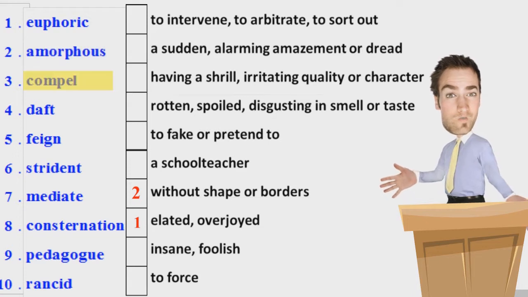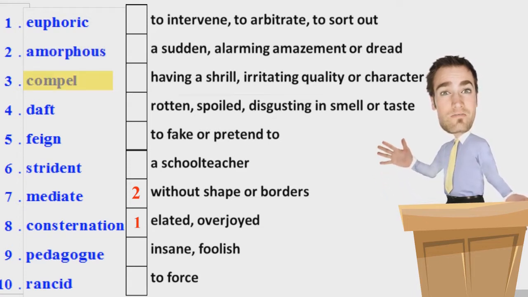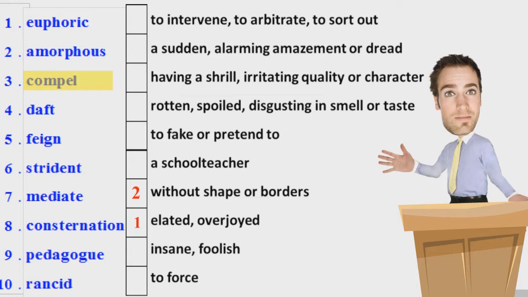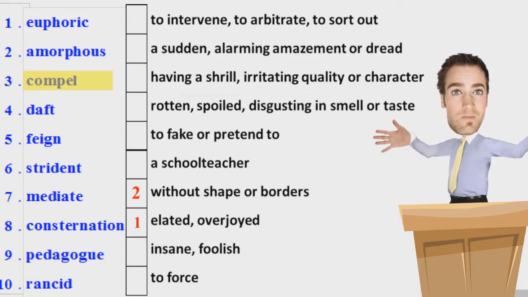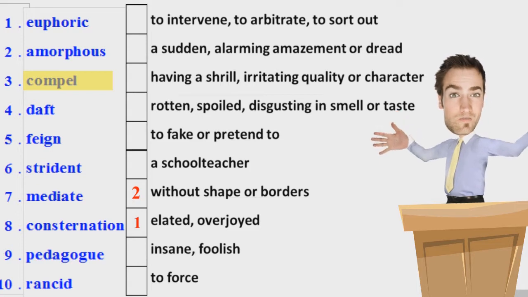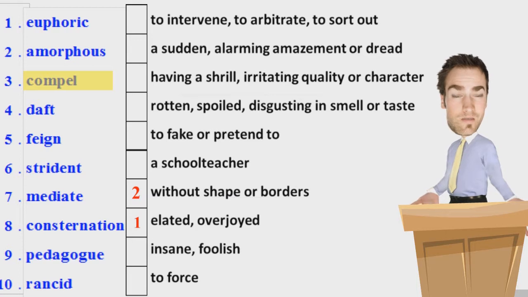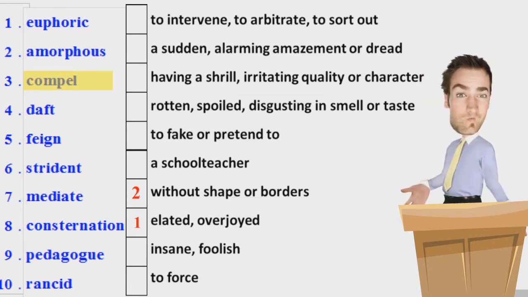Our third word is the word compel. Compel is not a really complicated word. It means to force or to drive or to overpower something. It obviously is Latin, has that prefix com, which is together. The root, though, is important, pellere, which is drive.